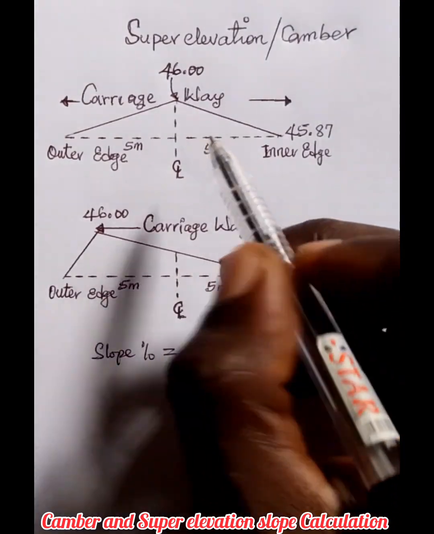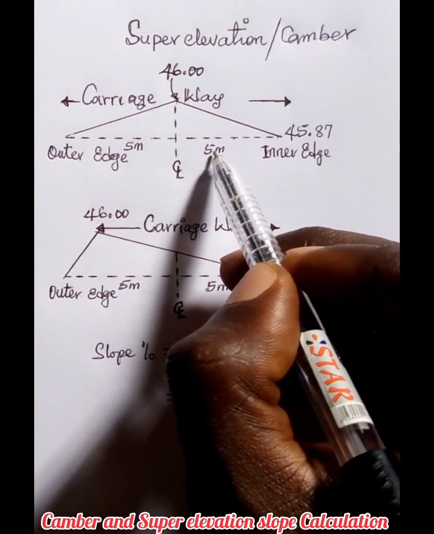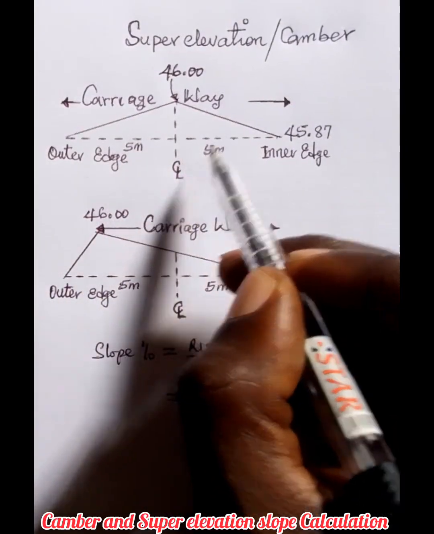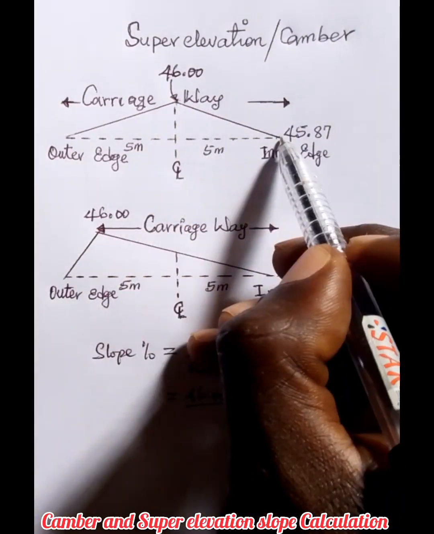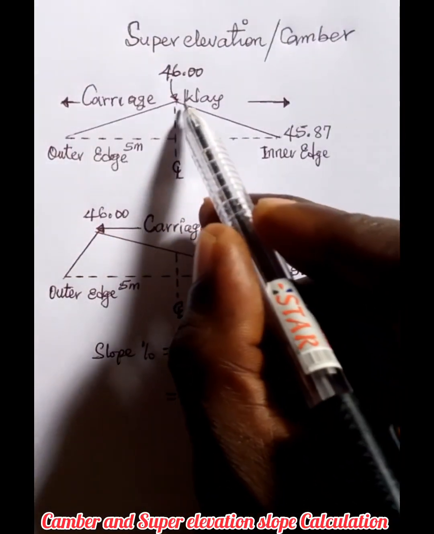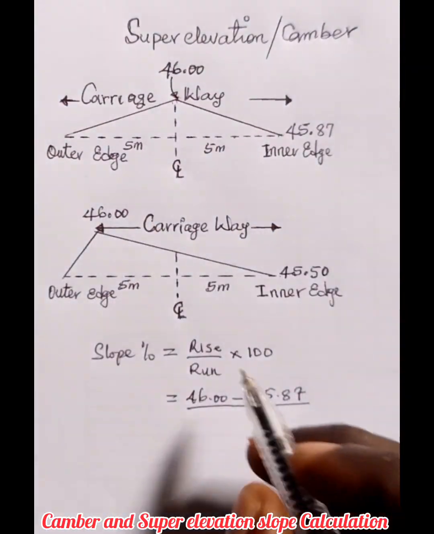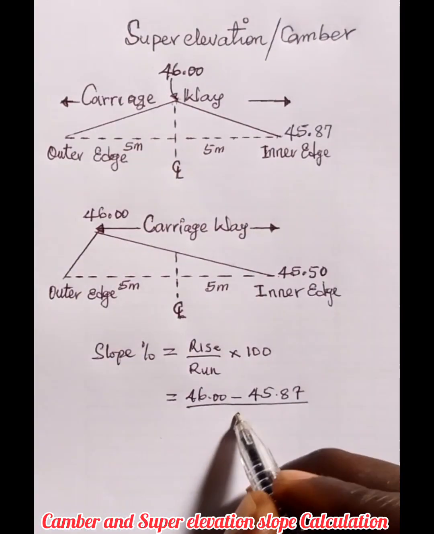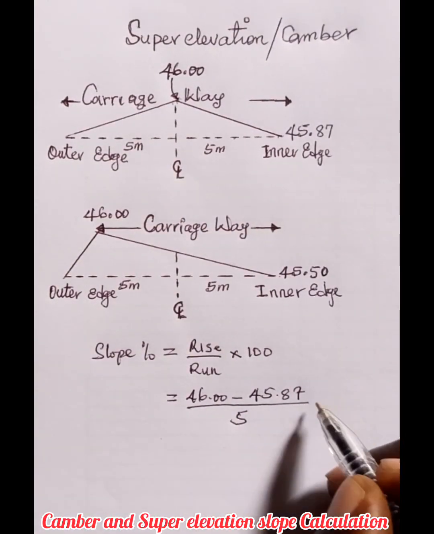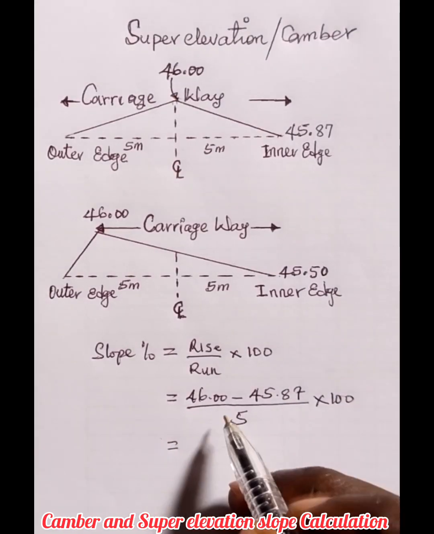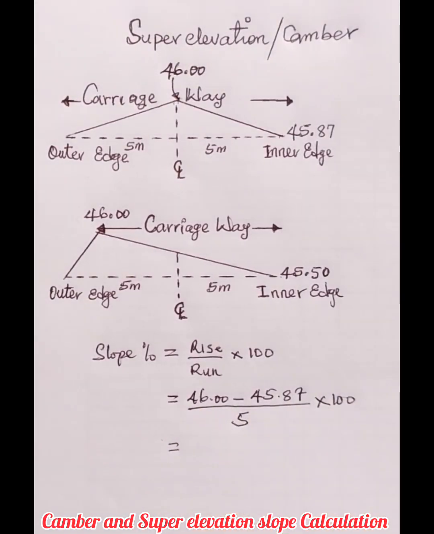So when finding the slope, you don't use both distances at the lane width, because it's sloping in this direction or in this direction. So if you're working with this, you use this. If you're working here, you also use this. So decide to use this 5 meter multiplied by 100. So we're removing this from this.